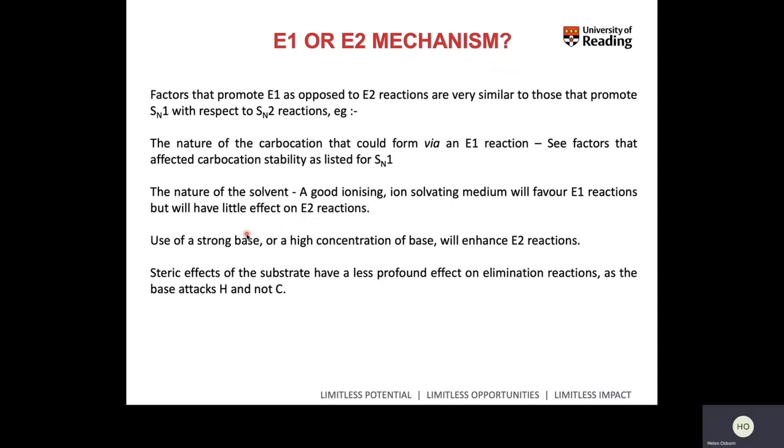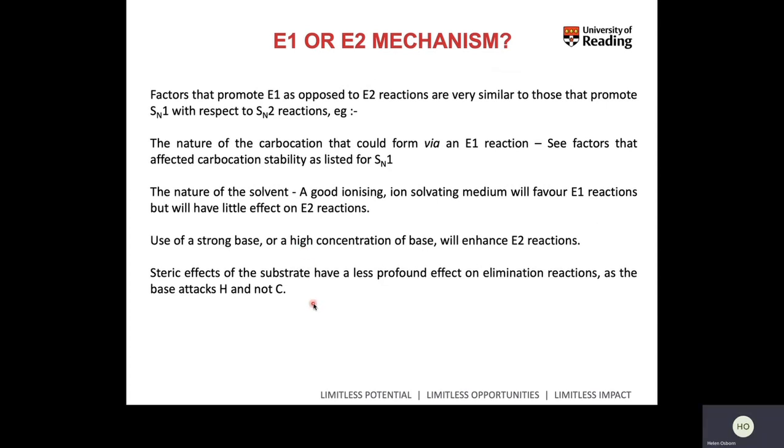Because the rate equation for the E2 reaction involves the base, in contrast to the E1, which doesn't involve the base at all in that rate determining step or in the rate equation, we find that for E2, where it is involved in the rate determining step, if we have a strong base or if you have a high concentration of base, that will enhance the E2 reaction, but it would have no effect on the E1 reaction.